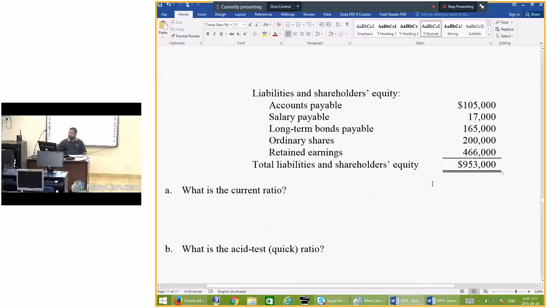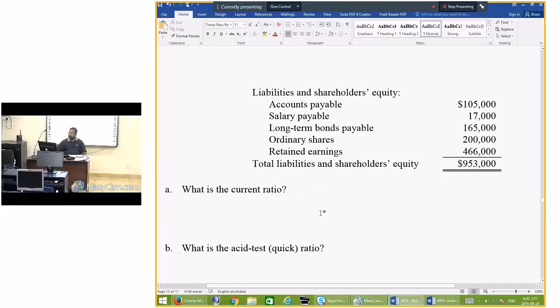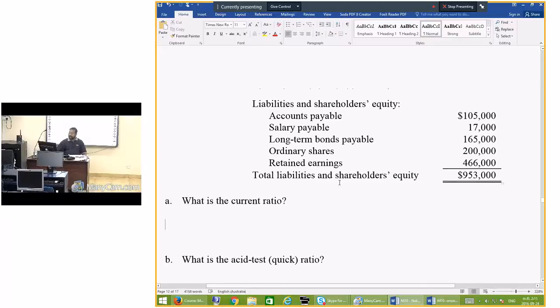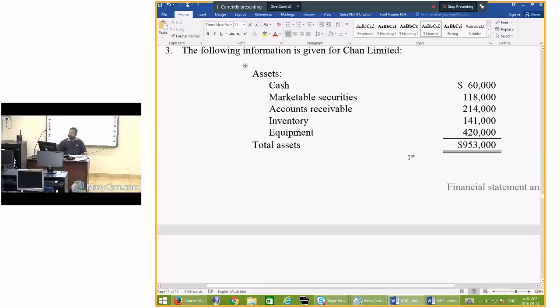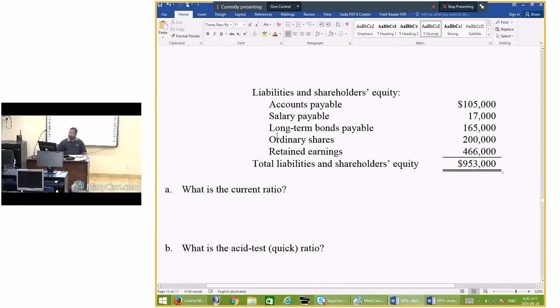Don't take long-term bonds and ordinary shares, retained earnings, they are not current assets or current liabilities. Then the current ratio should be around 4.4.